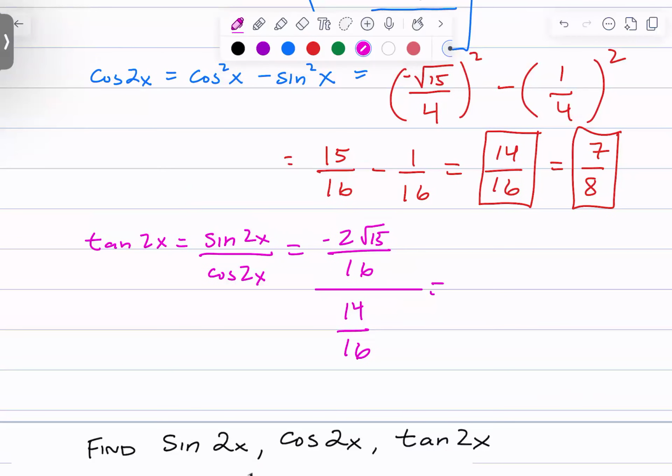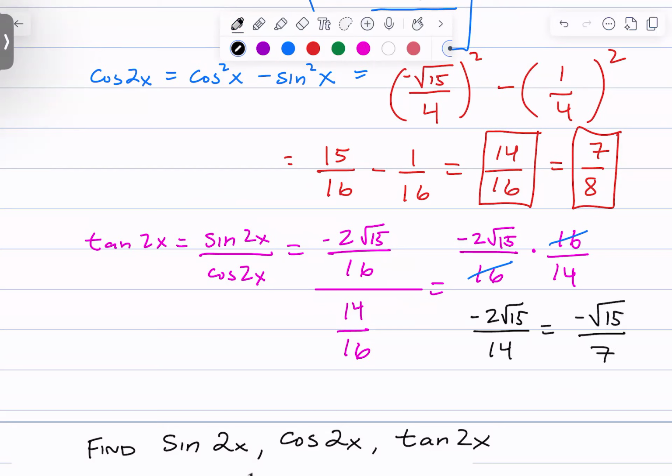It is because if I keep, change, flip this, right? The 16s would just cancel out. So then I would have negative 2 square root of 15 over 14, which would get me negative square root of 15 over 7. And that's your answer. Okay.